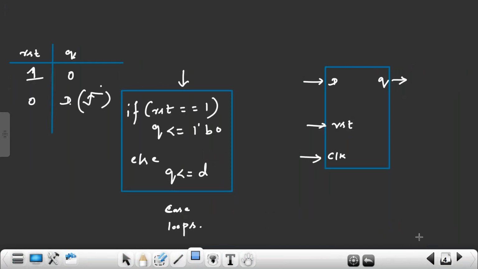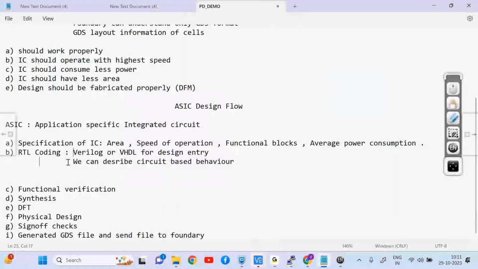We can directly describe the behavior of a circuit. I need not worry about the structure of a circuit. For that reason, I can use RTL. But this RTL, whether Verilog code or VHDL code, I cannot give to the Foundry. The Foundry will not understand this, because now the design is in the behavioral form in the RTL. Physical design comes after DFT. That I will discuss now.